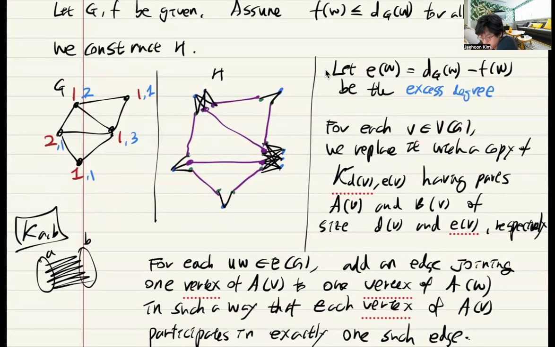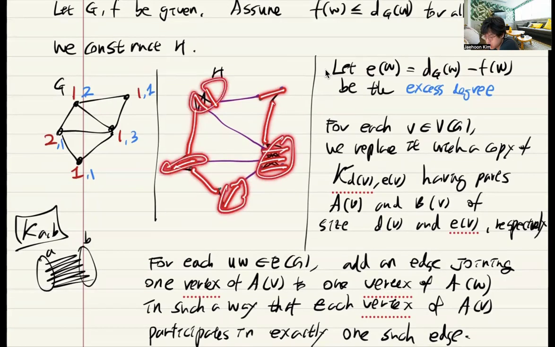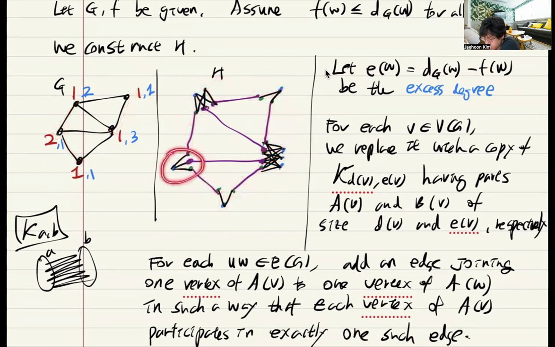If you have say 1 factor here, then taking these out, you just consider this edge, this edge, this edge, and put them together. Then what degree do you get here? That's exactly the difference between these two: degree minus xs, which is the f value. So you can already see the connection between these two.